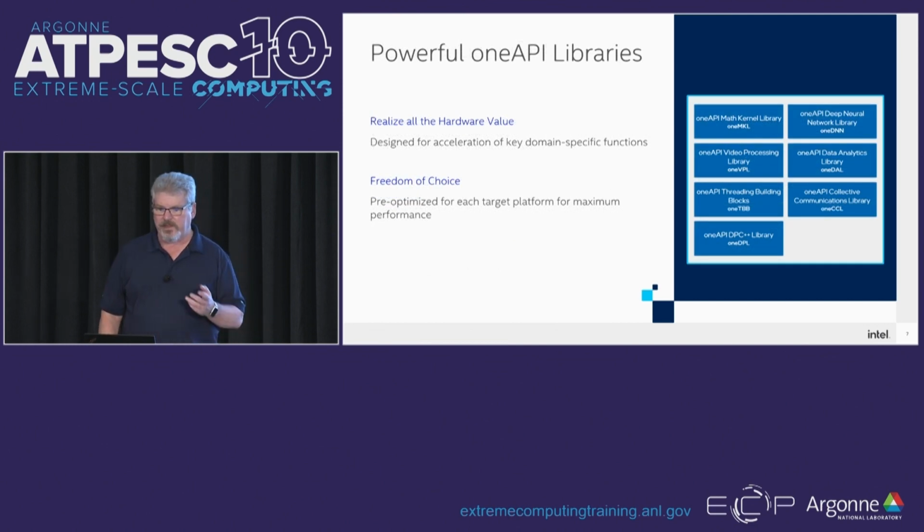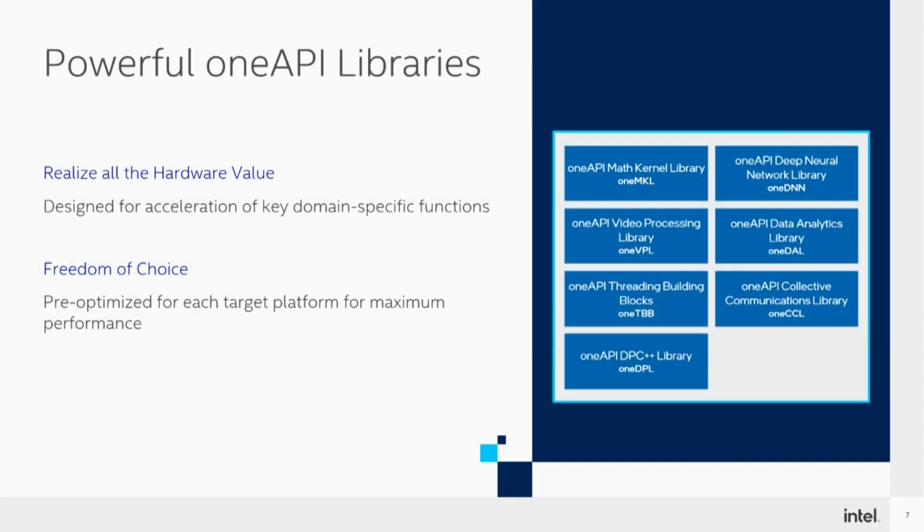I'll just touch upon the Intel oneAPI libraries briefly. If you've used libraries like MKL or TBB, a lot of these libraries have been around for decades. They have hundreds of man-years of optimization. We've taken that same set of libraries and moved them to oneAPI, so a lot of those same algorithms also run on GPU.